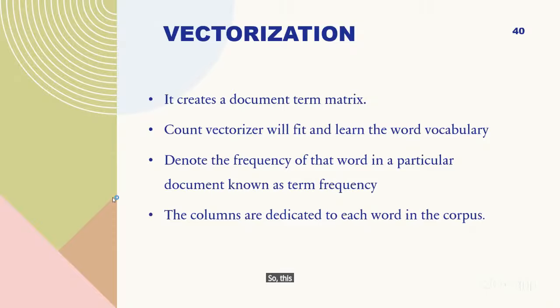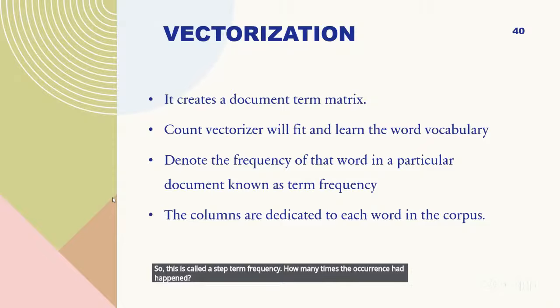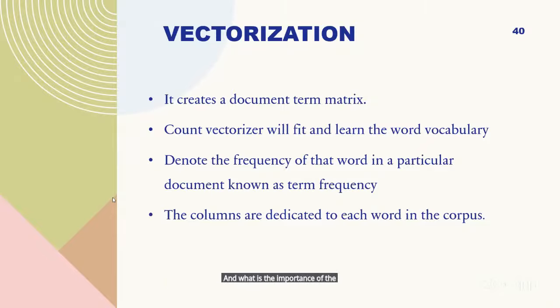So this is called the term frequency. How many times the occurrence had happened and what is the importance of the occurrence? Whether the occurred word is important. So all these things will be taken in as the term frequency.